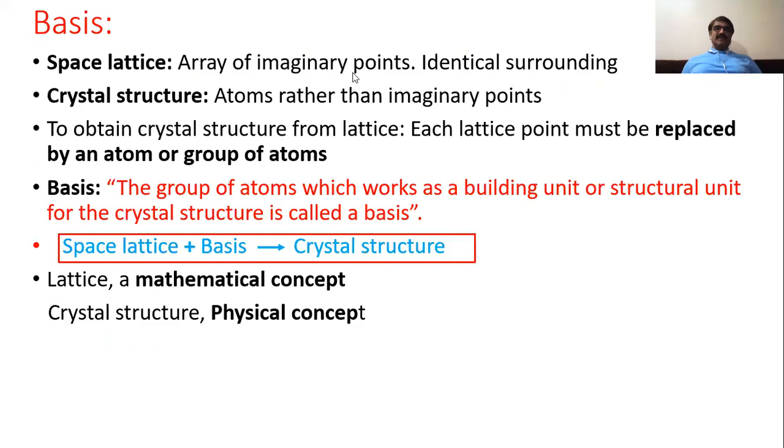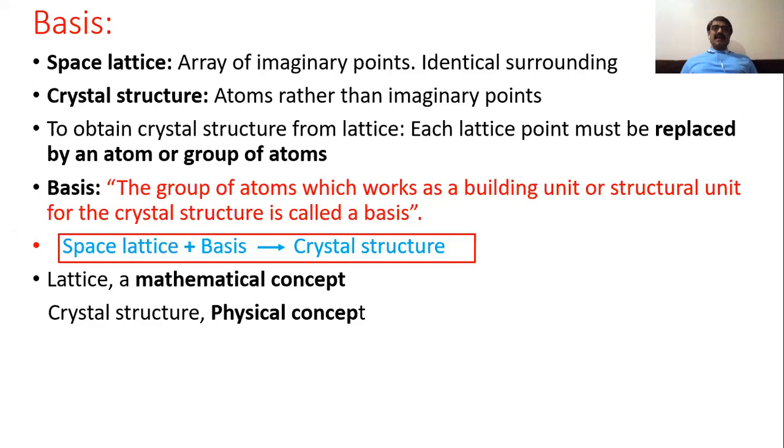So we have seen a space lattice, and we know that space lattice is simply an array of imaginary points where each point has identical surrounding. Okay, so the crystal structure is not an imaginary concept. It doesn't have imaginary points.